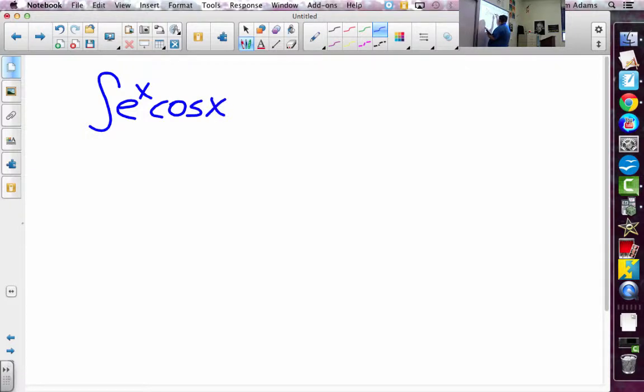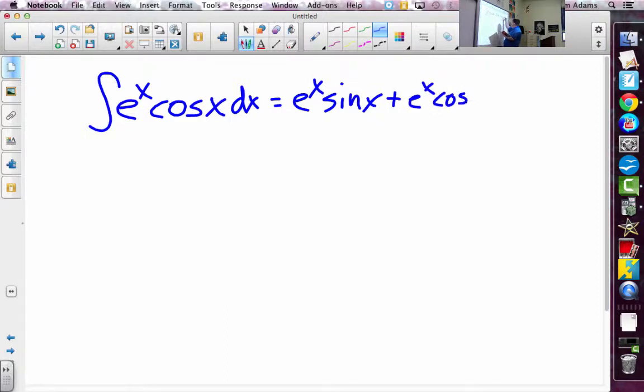The integral of e to the x cosine of x dx is actually equal to e to the x sine of x plus e to the x cosine of x minus the integral of e to the x cosine of x.